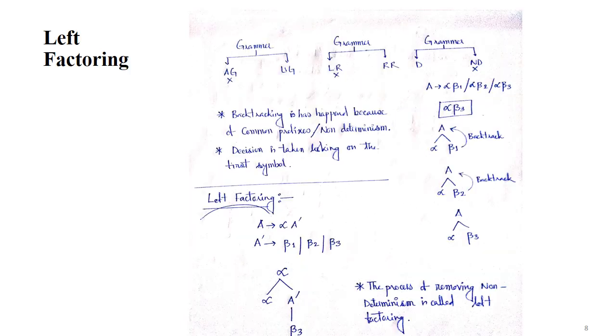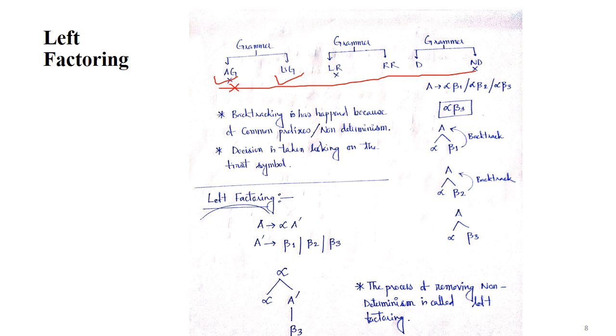So now we will discuss left factoring. But before going to discuss left factoring, I am interested to discuss some points here. So I have three types of grammar basically. First is ambiguous grammar or non-ambiguous grammar or unambiguous grammar. So we don't require or we don't prefer ambiguous grammar. Always we prefer unambiguous grammar.